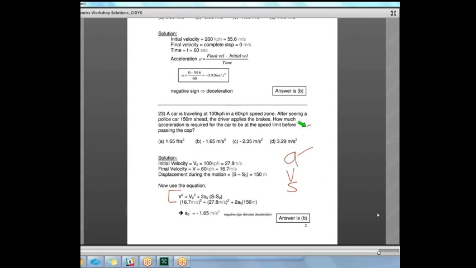If it's a free-falling object and you're worried about vertical motion, then it's negative g. If I'm providing an acceleration by slamming on the brakes, then the force of friction against the road is what's causing our acceleration. So, yeah, it works. All these SVA, red, green, and blue equations, they all work horizontally, they all work vertically, and they work in any direction.